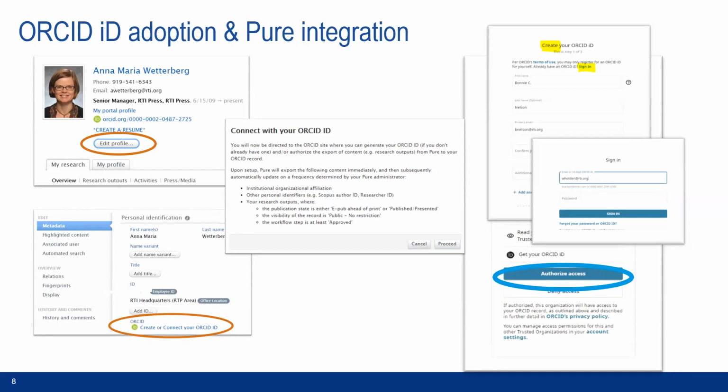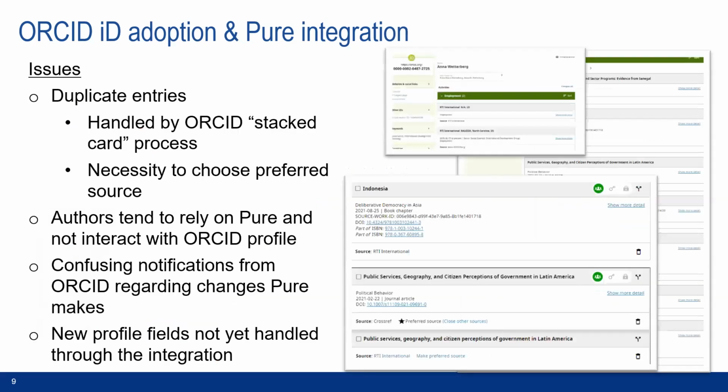We're basically being authenticated as a trusted institution, and ORCID is so wonderful about being able to have security at all different levels and places. And so as an authorized, trusted institution, we're being allowed to export information from our system into their ORCID profile. Even if they have to create an ORCID profile in this step, it is merely one additional step, and then it's authorized and they are connected.